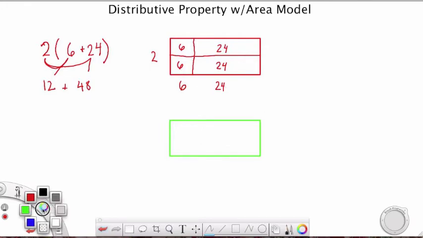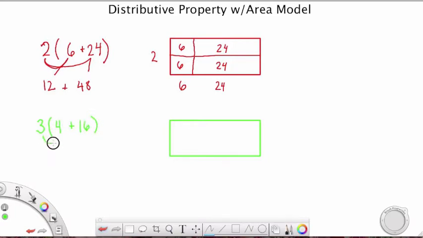But when I look at these numbers, especially 12 plus 48, I see that I can factor something else out. We're doing like reverse distribution when we factor. What can I factor out of the 12 and the 48 other than the 2? Well, I can factor a 3 out. And it would look like this. 3 times the sum of 4 plus 16.